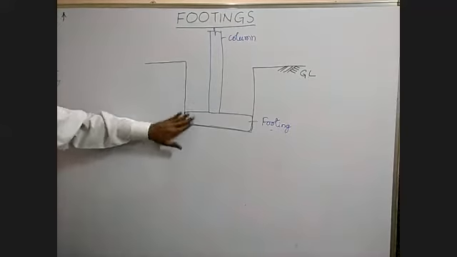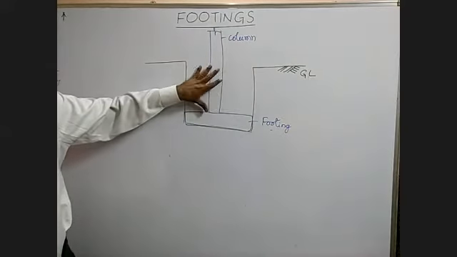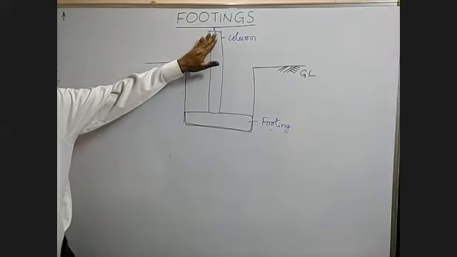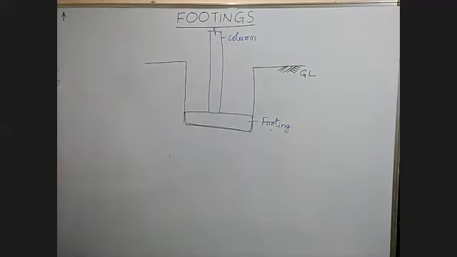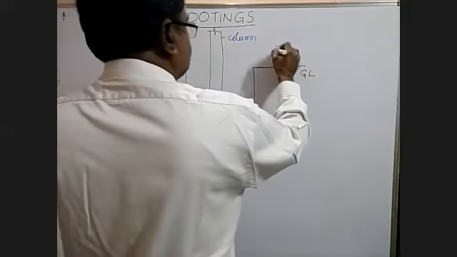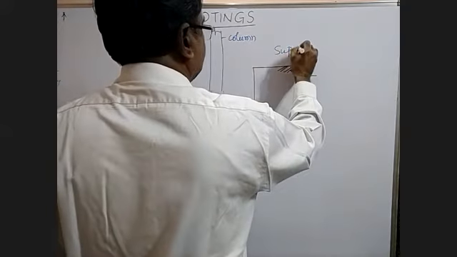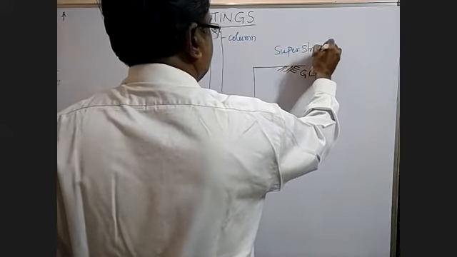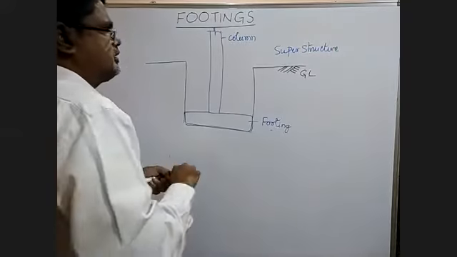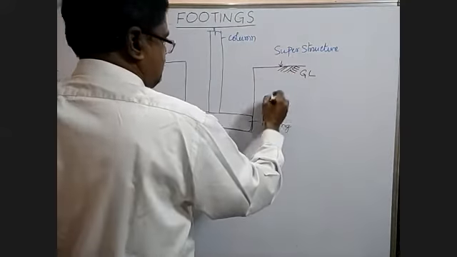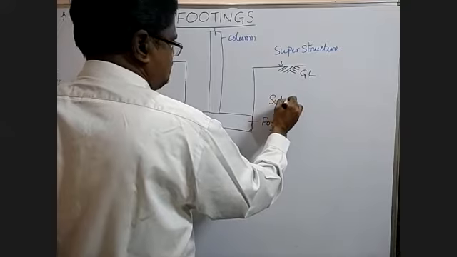Some portion of the earth is excavated from the ground, and the footing is placed here. This top portion we call it as superstructure, and this portion we call it as substructure.